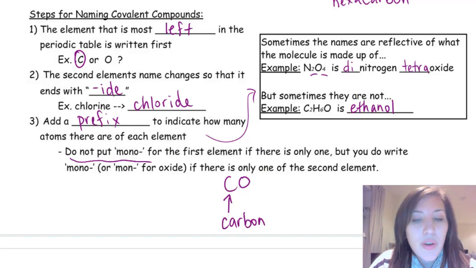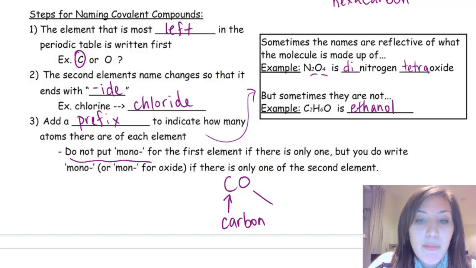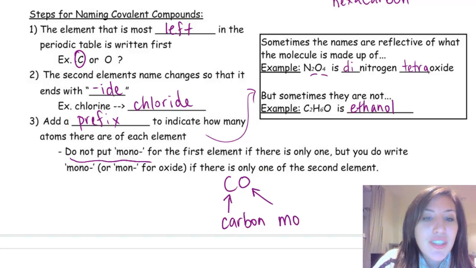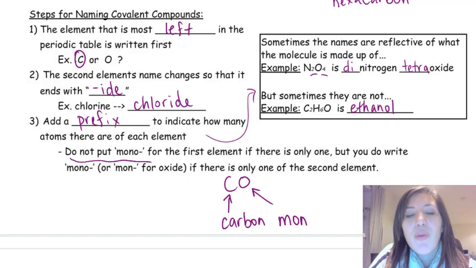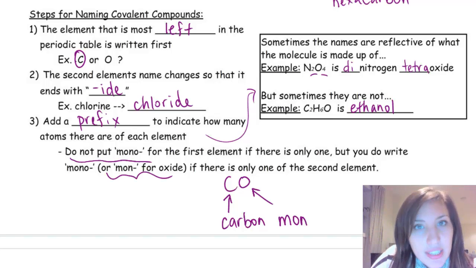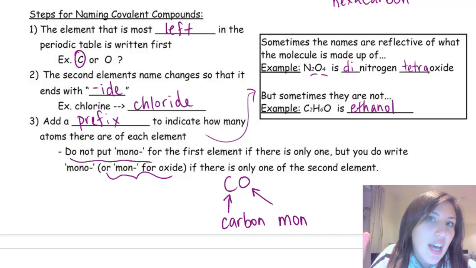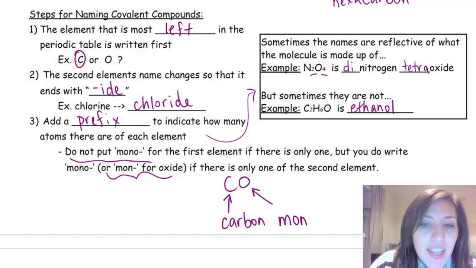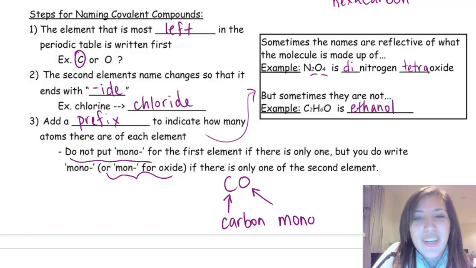So this O here is all by itself, so it's going to be mono. However, for the special case of oxygen, we're not going to say monooxide. You just say monoxide because it's easier to say. Monoxide. And then you don't have 2 O's in a row and it just kind of looks funny.